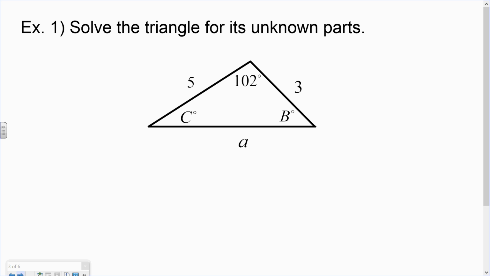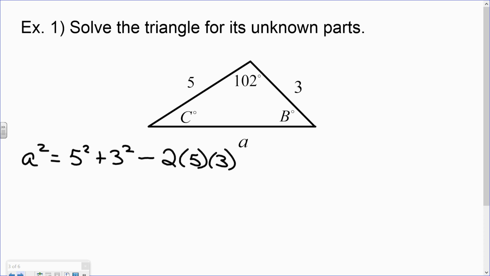So I'm going to choose to start off with A squared equals, because when I get to the cosine of the angle, I'm going to know the angle that's across from A. So that's going to be equal to 5 squared plus 3 squared, the other two sides squared, minus 2 times those two sides not squared, so 5 times 3, and the cosine of the angle across from this side A, which is 102 degrees.